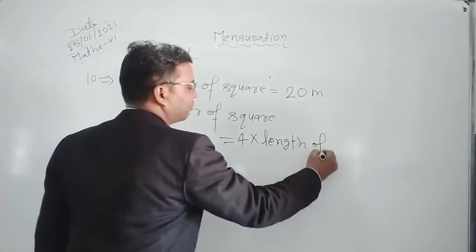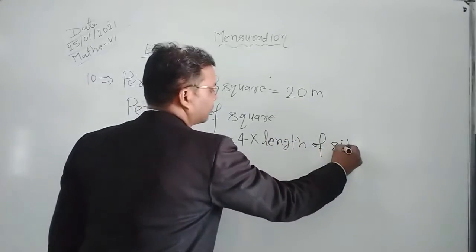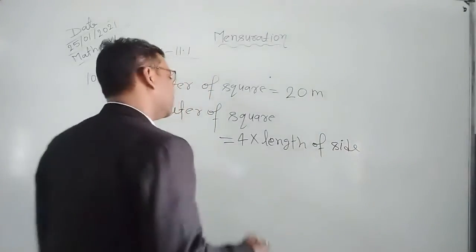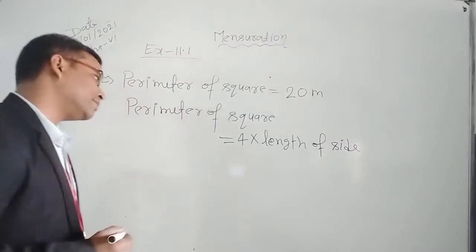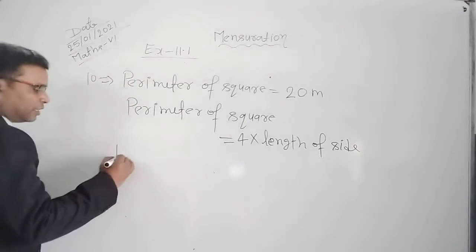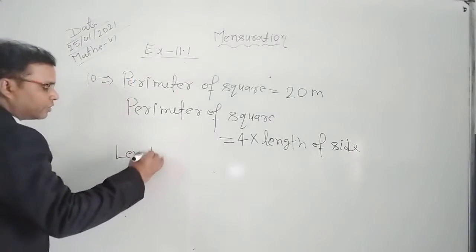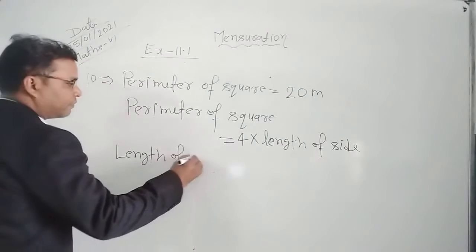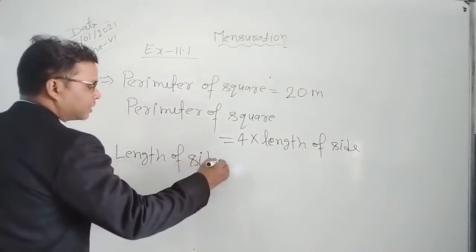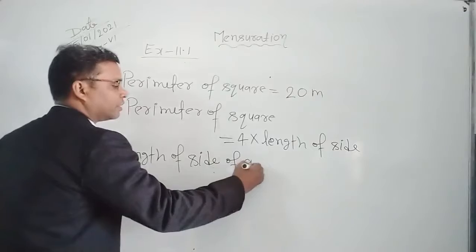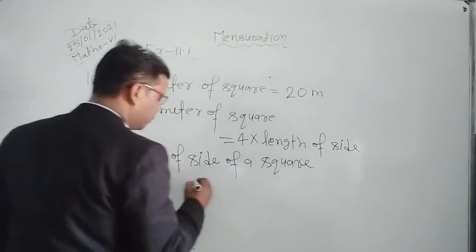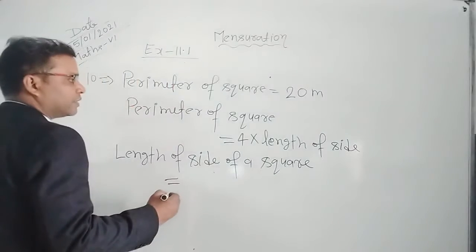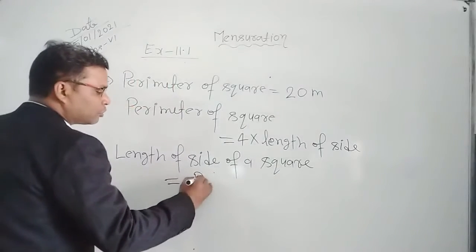Or you can write, you need to find the length of side of square. This is equal to what? Length of side of a square is equal to what?